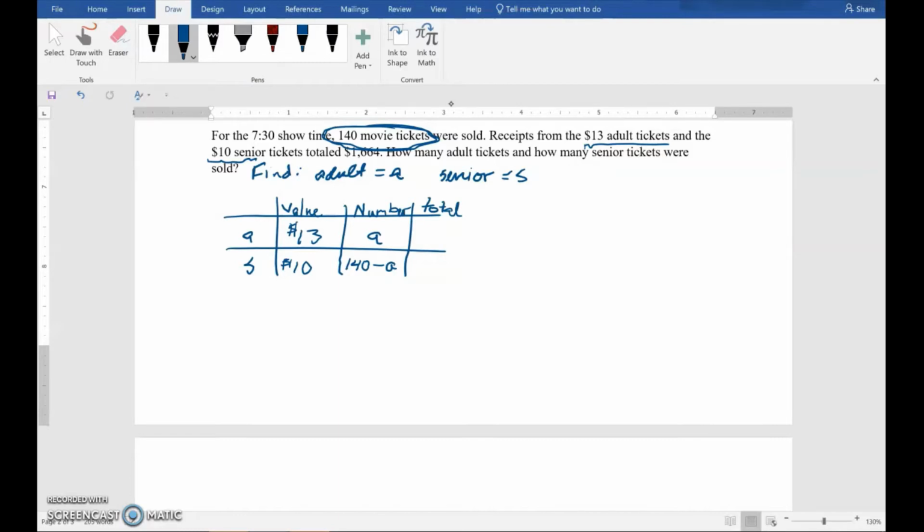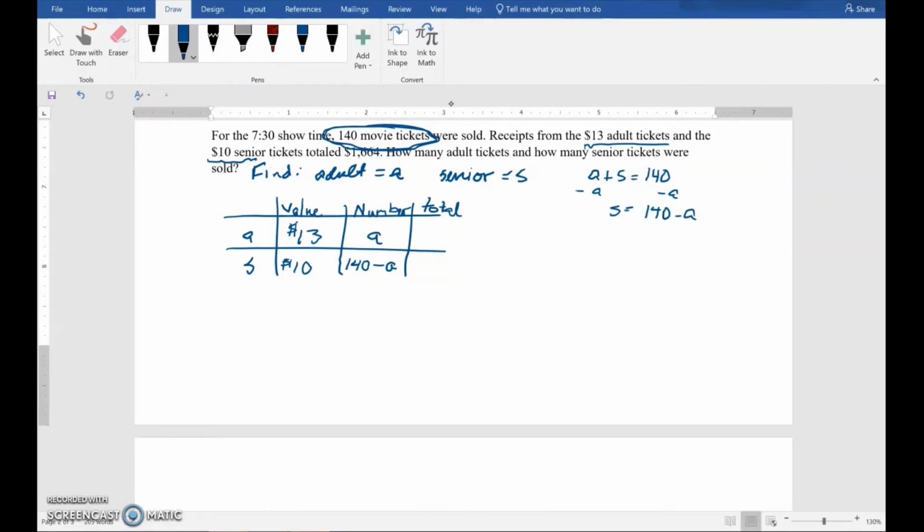You also could have done that by saying A plus S is 140, and then subtracting the A in each case. And then you would have gotten S is 140 minus A. Whatever you need to do, but that's kind of the trick behind this.